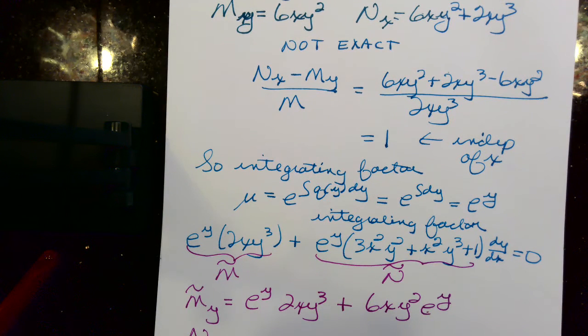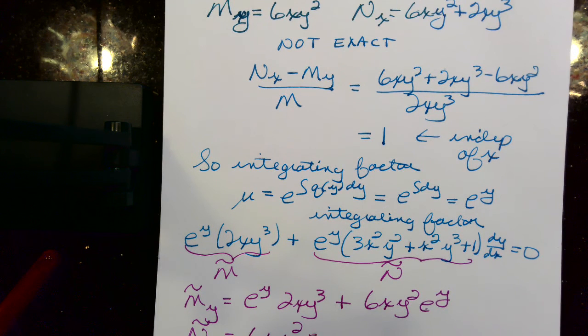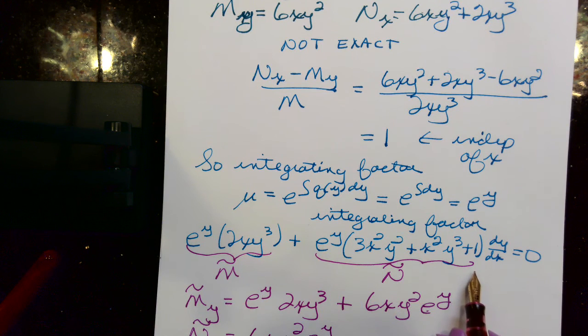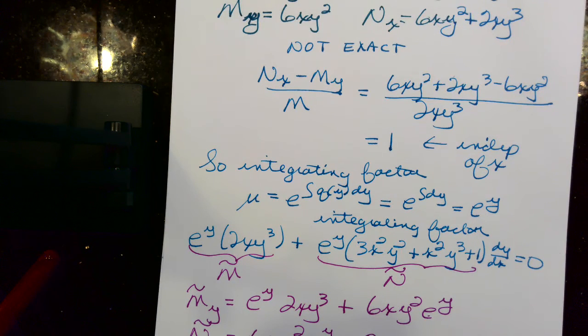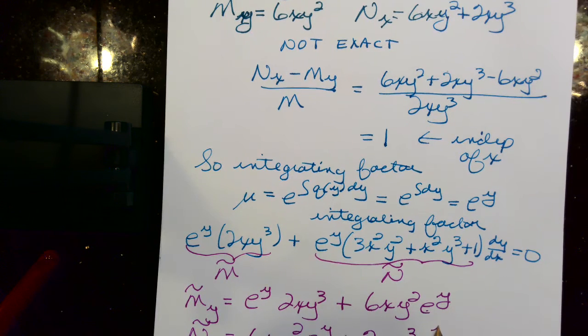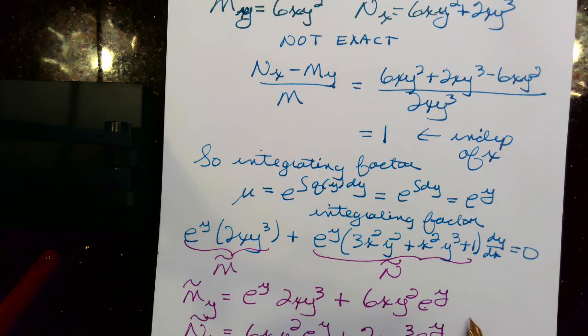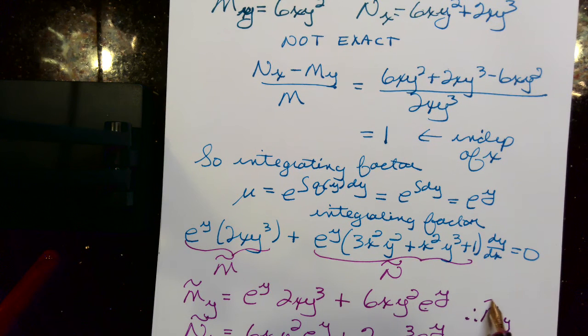And now when I look at n tilde sub x, I will get 6xy squared e to the y, because remember you have to multiply through by that e to the y, so we have to differentiate very carefully. It's acting like a constant, so I can just carry it along here. And now when I differentiate this term, multiplied by e to the y, with respect to x, I get 2xy cubed e to the y. And notice m tilde sub y is n tilde sub x, so it's exact.